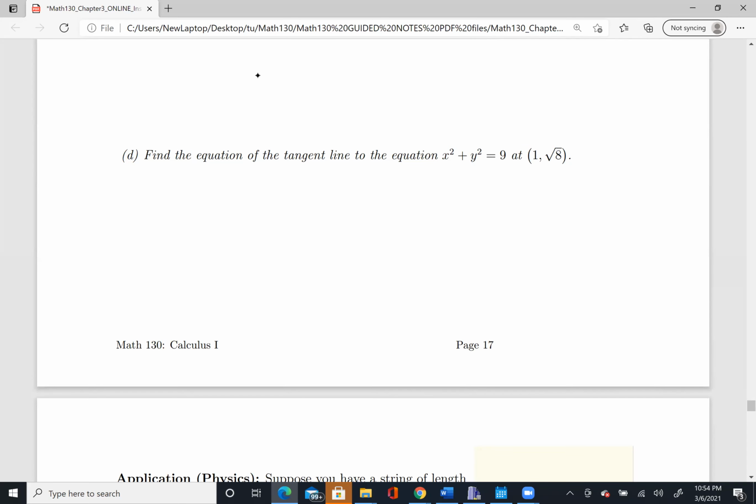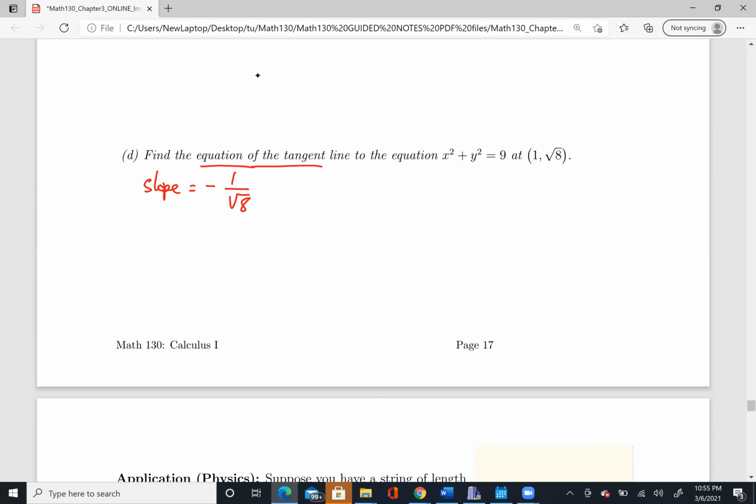and find the equation of the tangent line to the equation x squared plus y squared equal to 9 at (1, square root 8). So in here, what is the slope? Because you are finding the equation of the line, right? So you need to find the slope first. It is equal to negative 1 over square root 8.